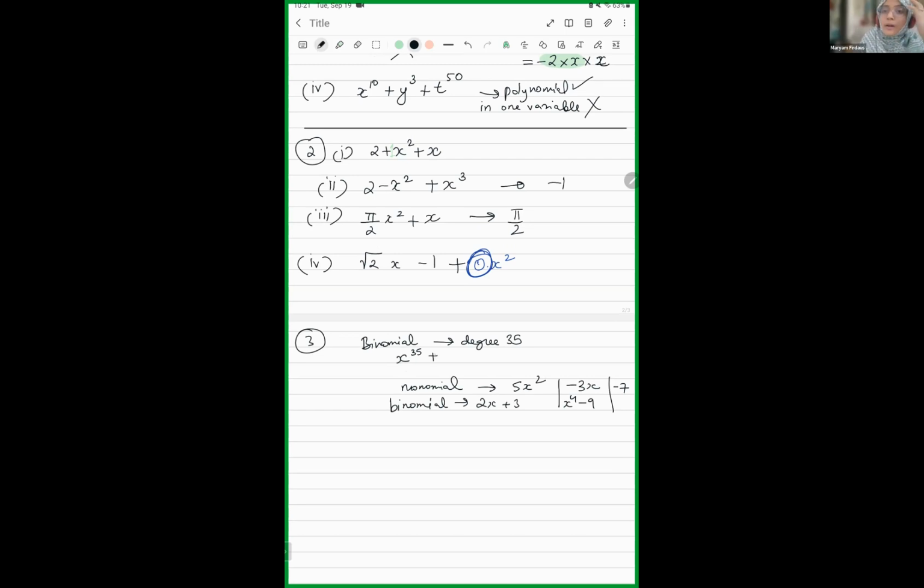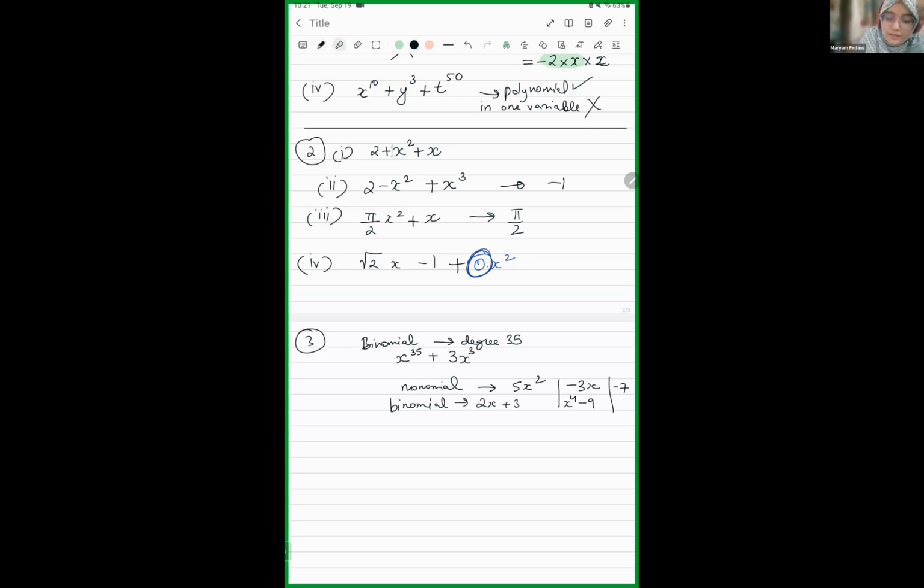No, we want a binomial in just one variable. Ma'am, x raised to the power 35 plus something else. Let's say plus 3. Or we can say plus 3x cube.